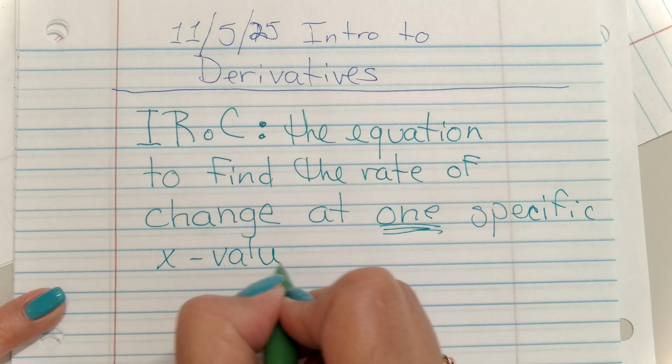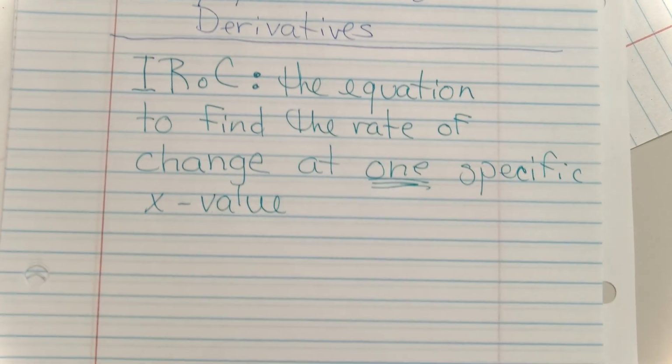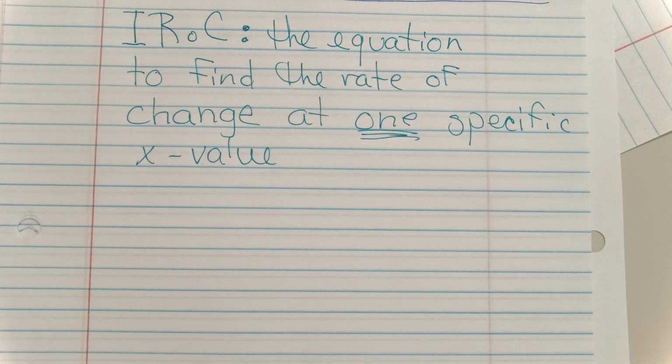Only one. If we wanted to find multiple, we would have to do the instantaneous rate of change multiple times, which I said will take forever.